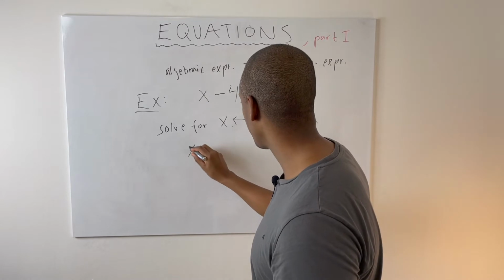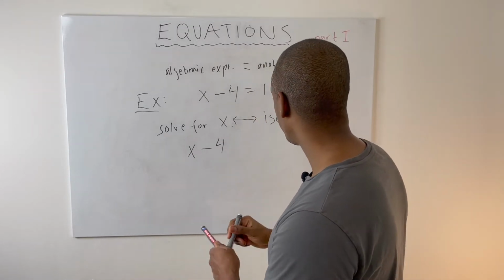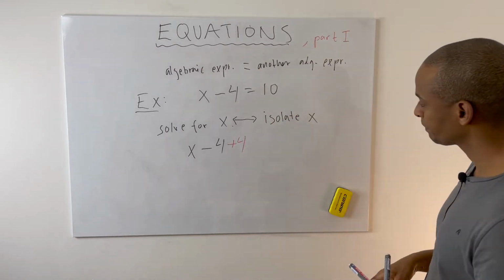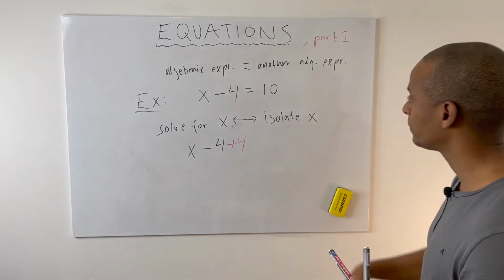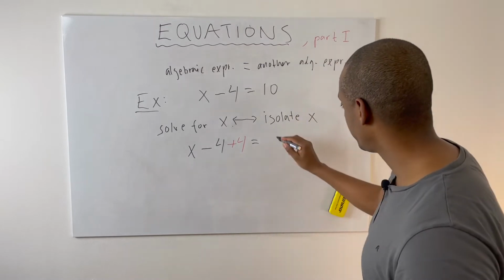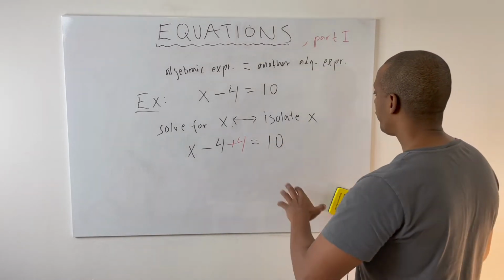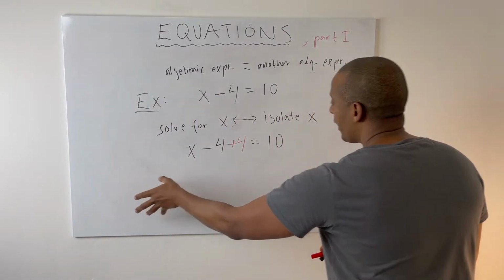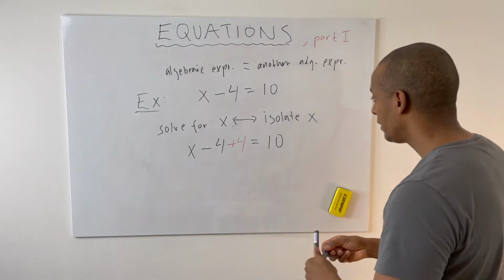So if I write x minus 4, then I write plus 4. Plus 4 is the inverse of minus 4. But if I add 4 on the left-hand side of the equation, I have to also add 4 to the right-hand side of the equation.